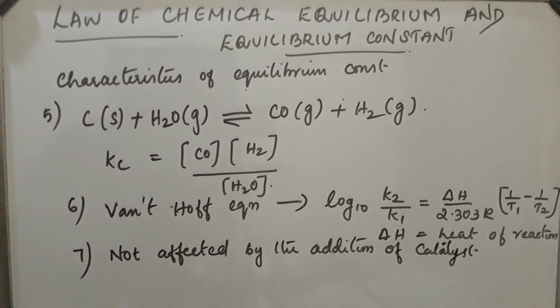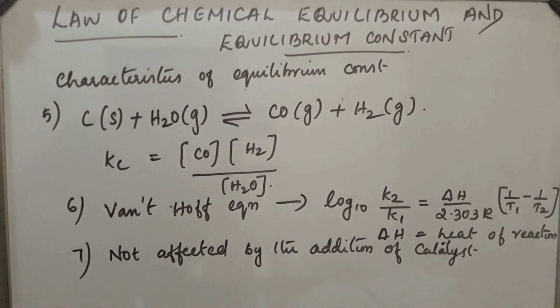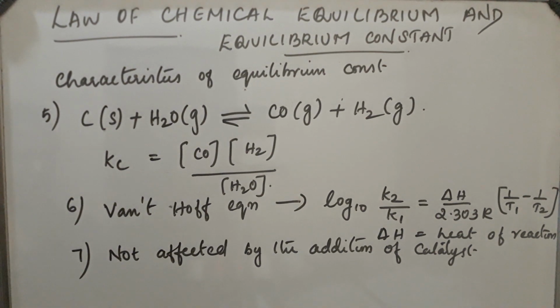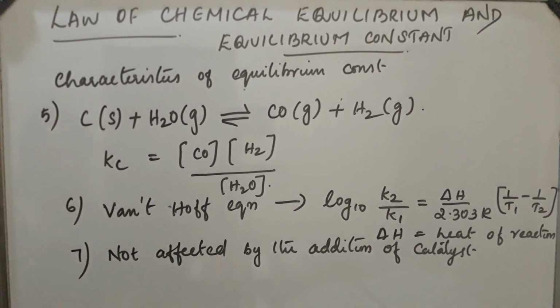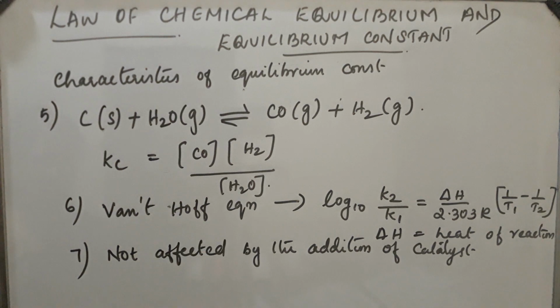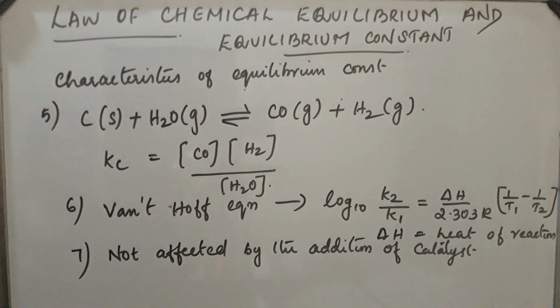So, if we are adding a catalyst, what happens? It increases the speed of the forward reaction and backward reaction to the same extent. So, there will not be any change in the equilibrium constant. Only the speed of the reaction is increased, of the backward and forward reaction, which will increase to the same extent. Okay, this much about the characteristics of the equilibrium constant.